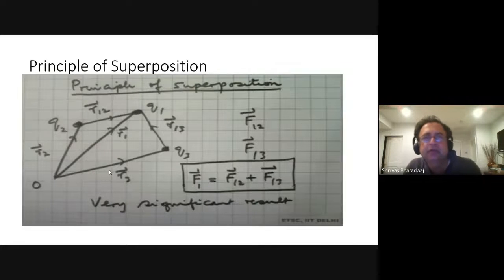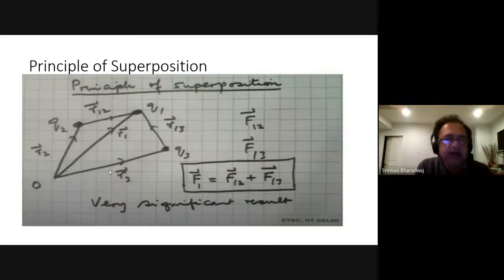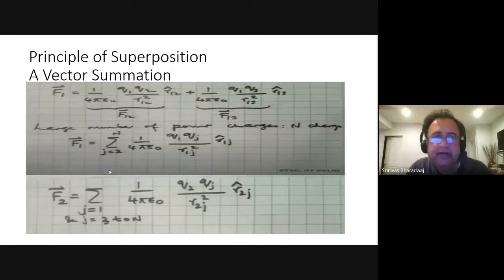So the principle of superposition is that if there is a charge Q1 and a charge Q2, and there are two forces, then they are additive. So it is an addition of two vectors, right? If you have two charges, then you have a summation of two vectors.